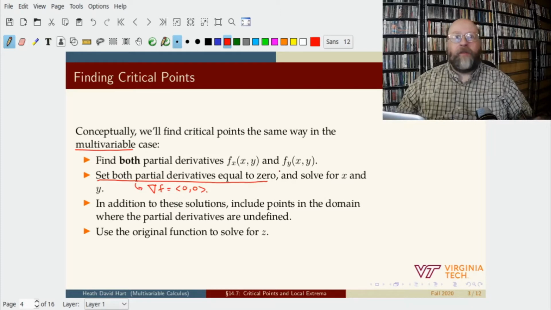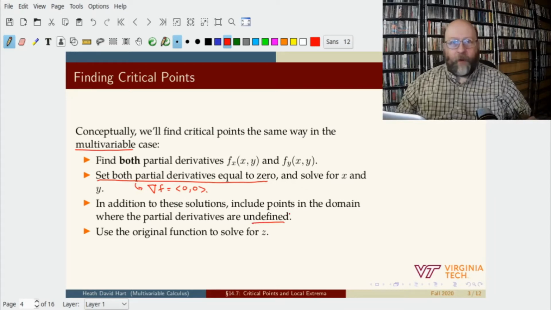We have two partial derivatives. We want to set them both equal to 0, and that means solving for x and y. And then, just like before, we have to include any points in the domain where the partial derivatives are undefined. And then if we need to find a z-coordinate, we have to go back to the original function to find a z-coordinate. Okay?